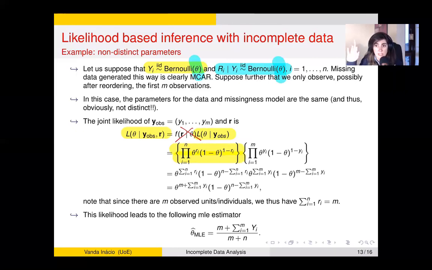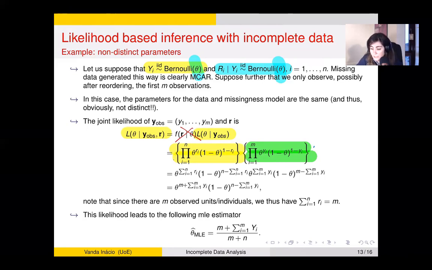And then I'm assuming also that I have missing observations on Y, and again, without losing generality, that the first M observations are available and the remaining N minus M are missing. And so this bit here in green corresponds to the likelihood of the observed data. What is in yellow here is the contribution of the missing data mechanism, and here is the likelihood of the observed data.